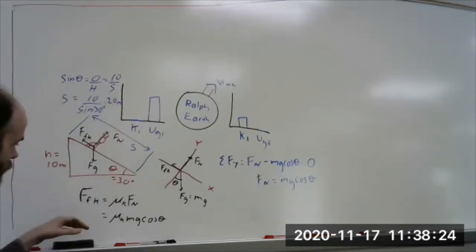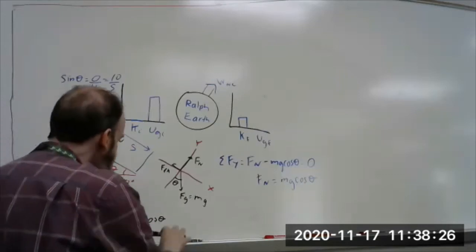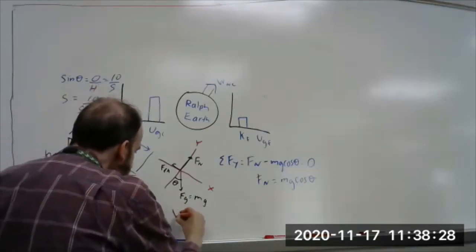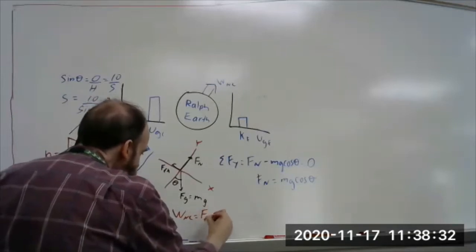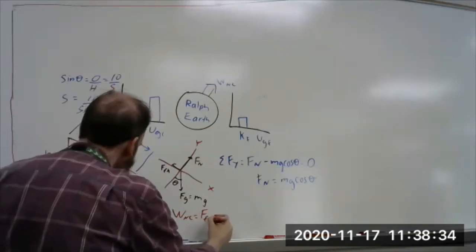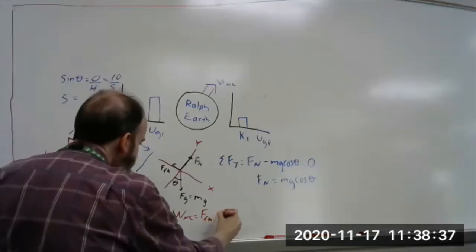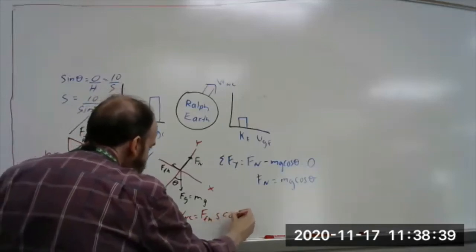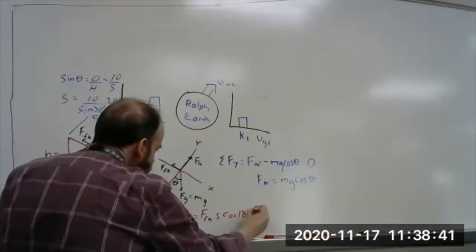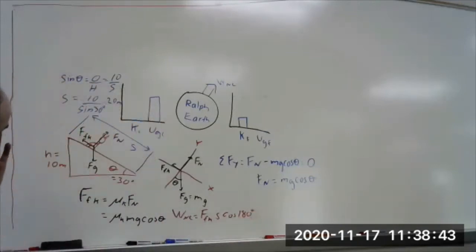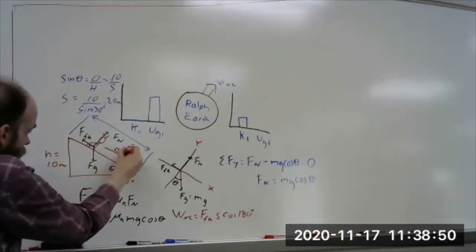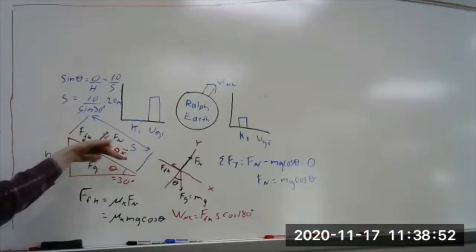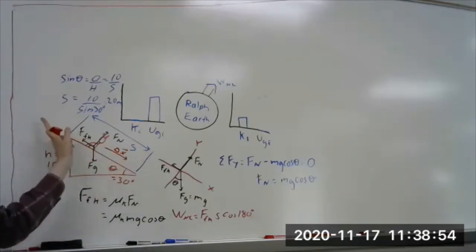So what's the work done? So the work non-conservative is force of friction, kinetic, times S times cosine 180 degrees. Why is it 180 degrees? Because displacement delta x is down the ramp, the force of friction is up the ramp.